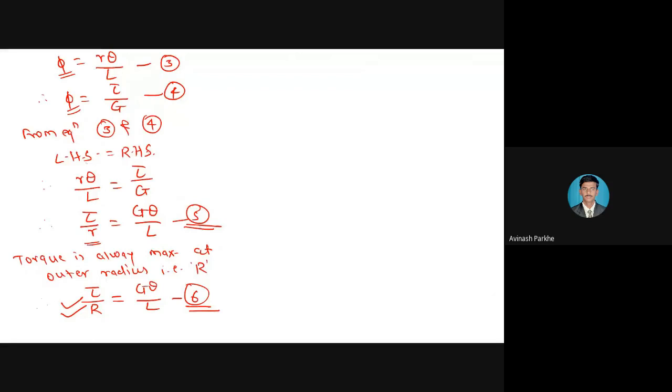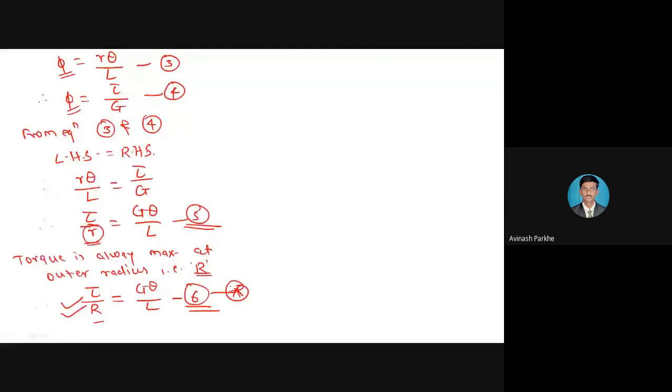I have written equation number 5, tau upon r is equal to G theta by L. Here radius is represented by small r, but we know that the stress is always maximum at the outer radius. Therefore, the small r is replaced by the capital R. Therefore, tau upon R is equal to G theta by L. This is equation number 6. We have derived equation number 6.